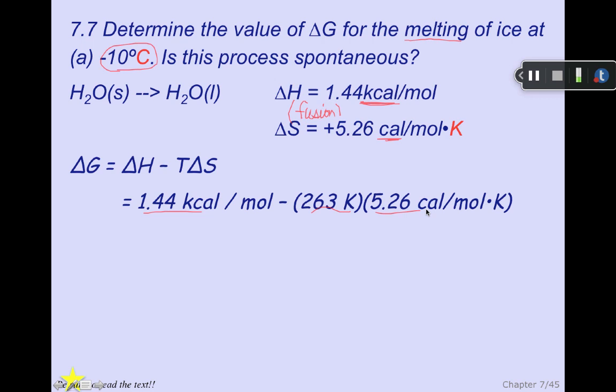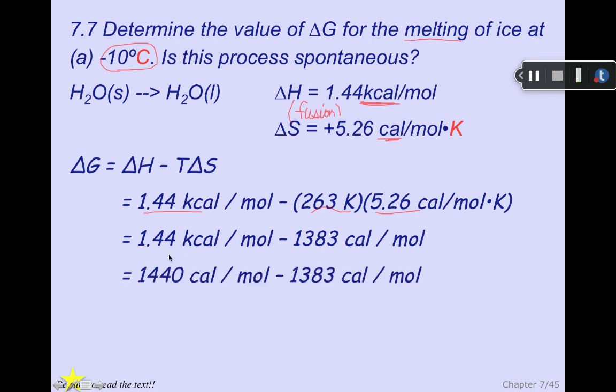Putting it in your calculator, hopefully if you pause the video here for a moment, you can do your own calculations. And when you do, you can come up with these values. So the first number you don't do any calculations, but the second number is a significant number of calories per mole. In order to complete the calculation, we're going to have to convert one of these. The simplest one to convert in this case, it depends on how you think of them, might be to convert the kilocalories.